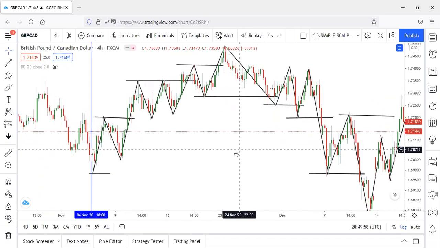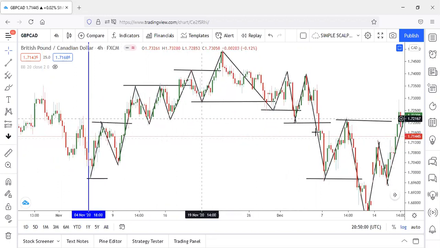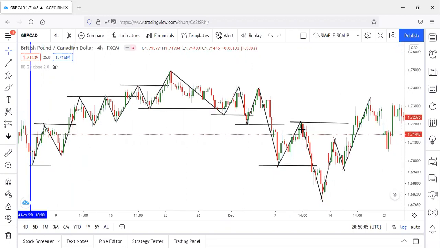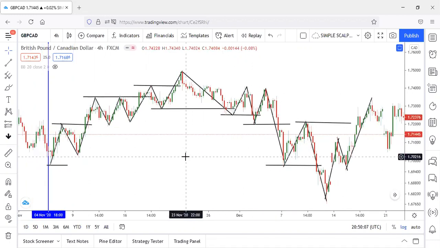I hope you understand. So this is a break of structure right here. So how to recognize this structure being broken. Once you recognize the moment the structure is being broken, then you can be sure that the market is going to continue in the same direction the market is heading to. I hope this is very, very clear, guys.